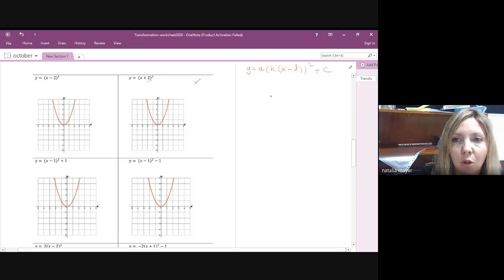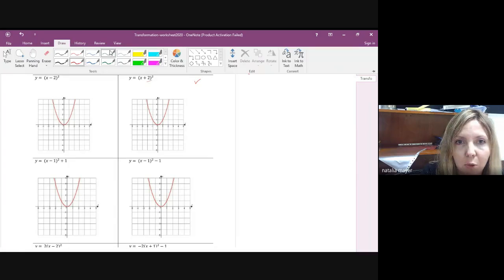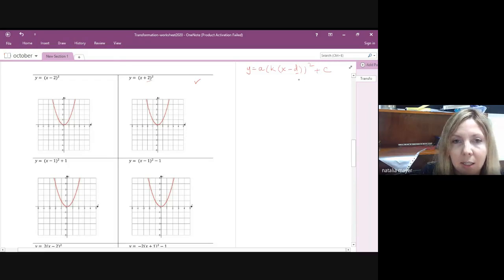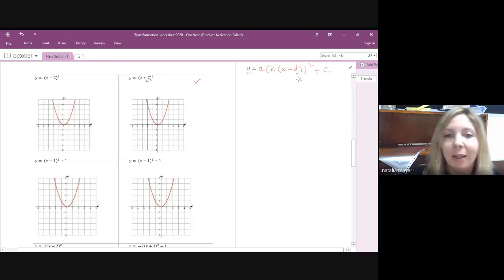Okay, so if you compare this equation to this generic one, you will see that there is only a d value here, and d is -2. Why -2? Because the generic formula has a negative and the new formula has a positive. So negative times negative is positive.